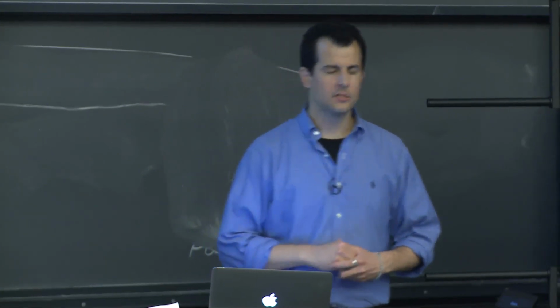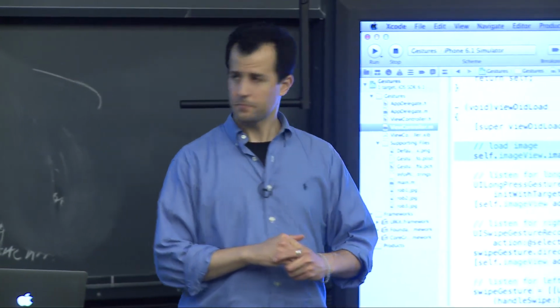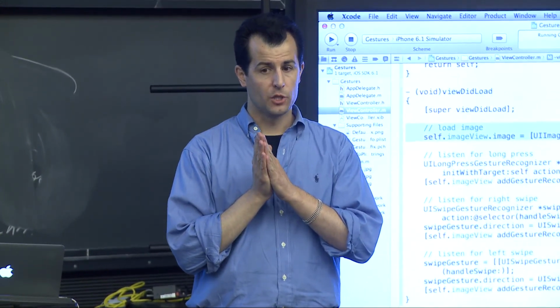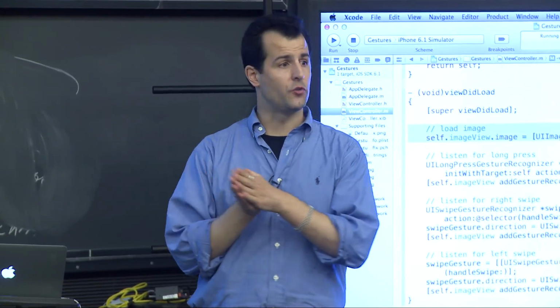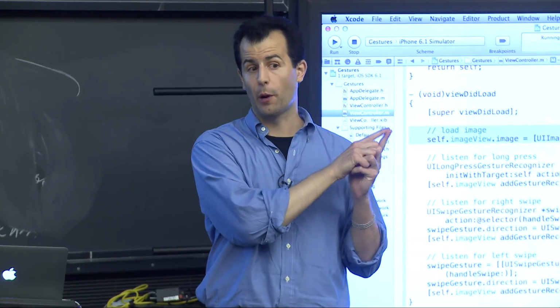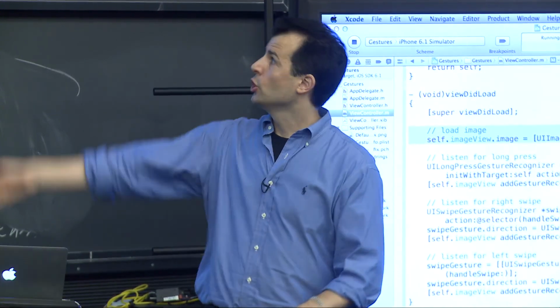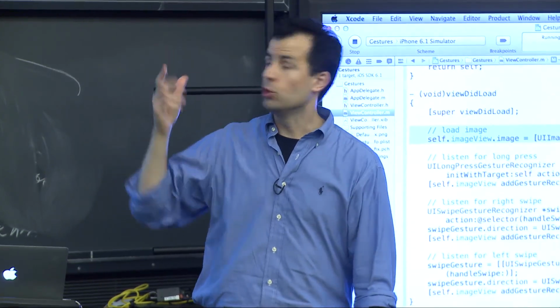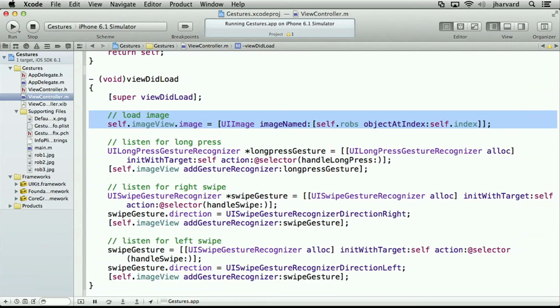So self.imageView.image. Self.imageView is what? It's a property of type UI ImageView. If I read the documentation for UI ImageView, turns out that a UI ImageView has a property called image, whose value is a pointer to a UI image object, apparently. We've not seen this before, but you can now read it from the code itself.